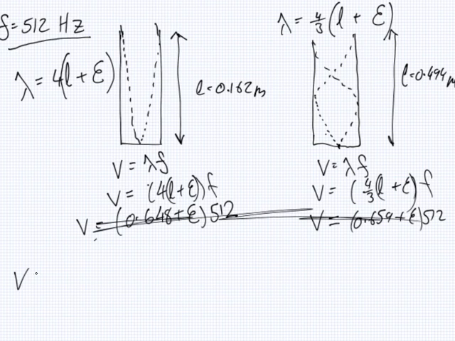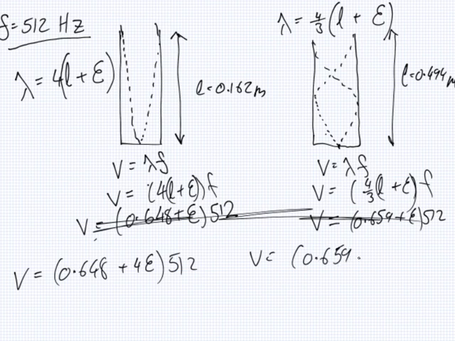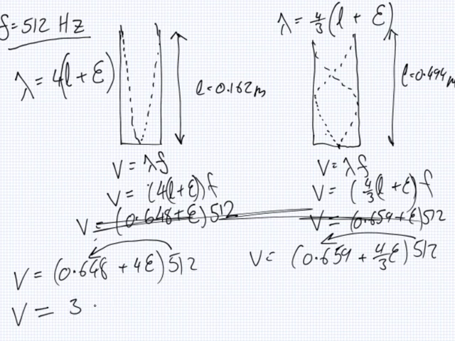V equals 4L plus 4E, times 512, and V equals 0.659 plus 4/3 E, times 512. Okay, can you multiply this by 512, and can you do this one by 512? 331 plus 1024E, and 337.